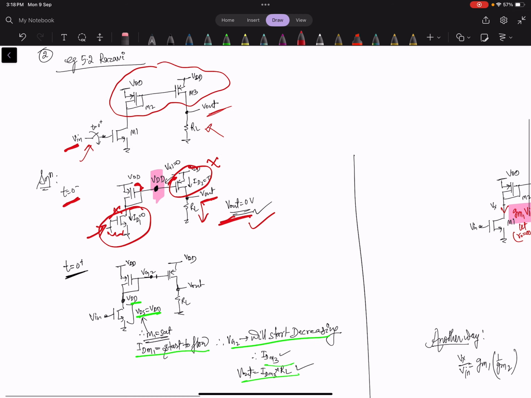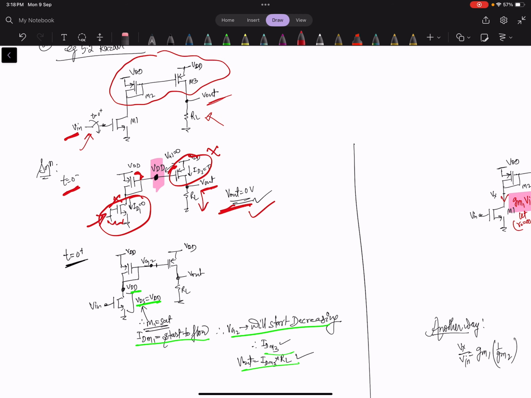Now at t equal to 0 positive, since the potential at this node is defined by the caps on this load, let's say it is VDD, and this is Vn, so this is in saturation, and there will be current flow here. Since there is current flow, this will form some VGS, so slowly this potential will go down.